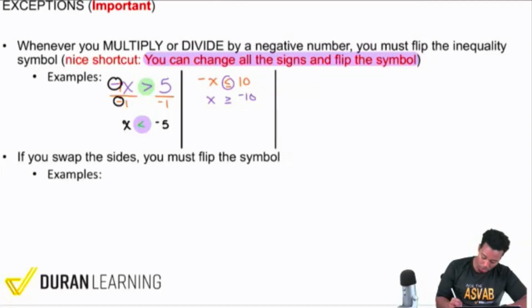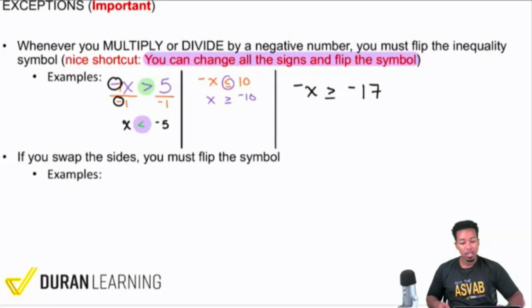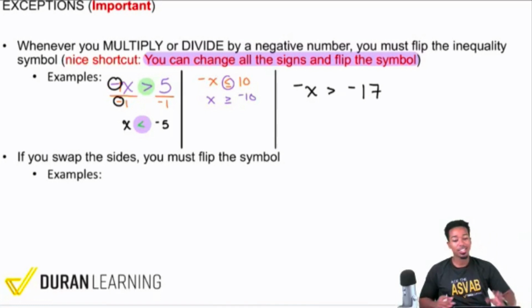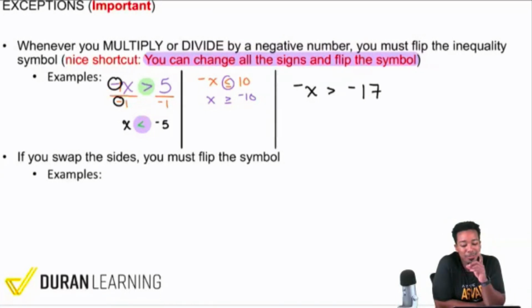If we had, let's say, -x is greater than or equal to -17. Actually, let me take away the equal sign because you don't have that symbol on your keyboards. So we'll just do greater than. So we have -x is greater than -17. What is the complete answer going to be?